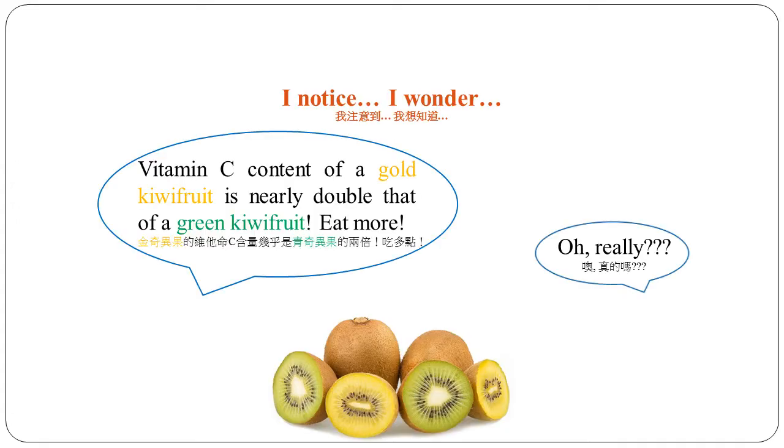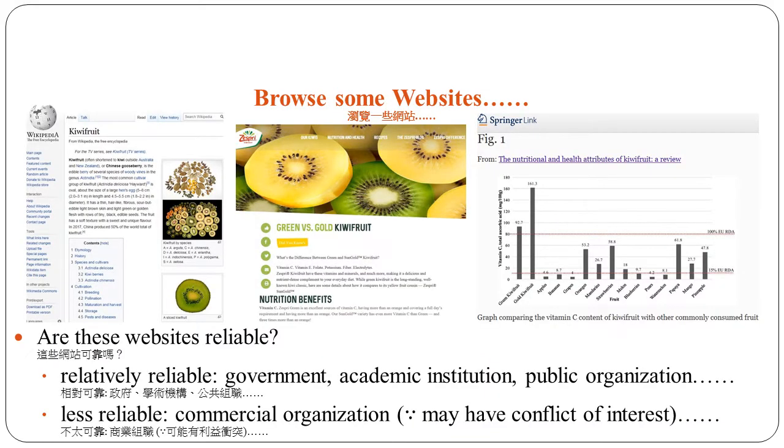Here is an example. You may have heard about this. Vitamin C content of a gold kiwi fruit is nearly double that of a green kiwi fruit. Eat more. Is this true? You may browse some websites to find some information about the gold kiwi fruit. But are these websites reliable?